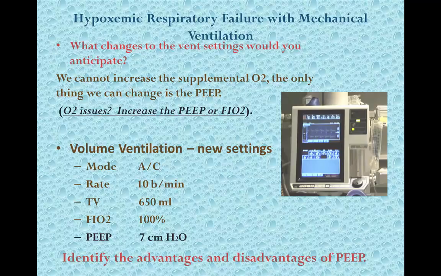Let's recall again that if there was CO2 retention, then the changes to the ventilator would be with rate and/or tidal volume. If the O2 is altered, then we will change the PEEP and the FiO2.